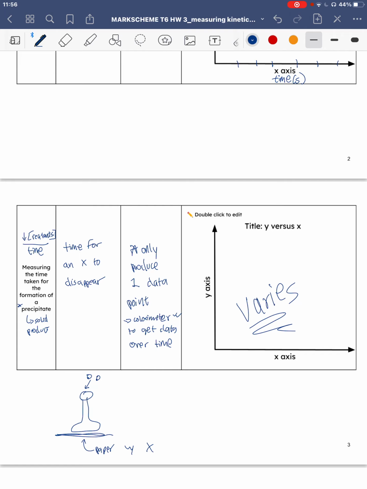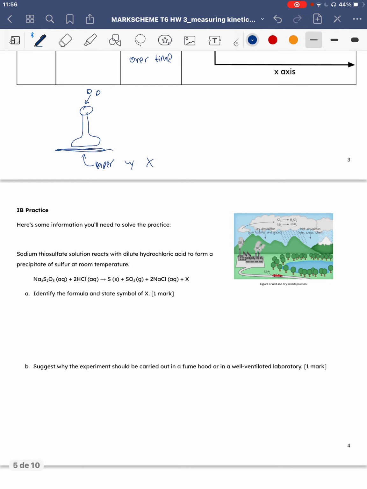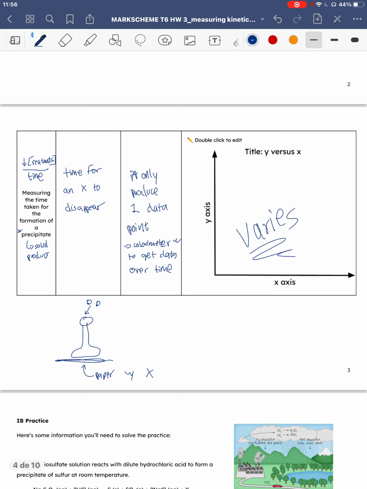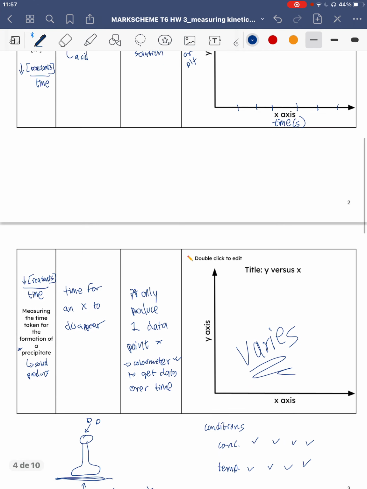You can also do something like we see in the first example down below, where your conditions are something like different concentrations or different temperatures, and you get the time for the X to disappear at different conditions. But the problem with this one is you're only getting one data point, so you can't use it to measure the rate of a single reaction like you can for the other ones.